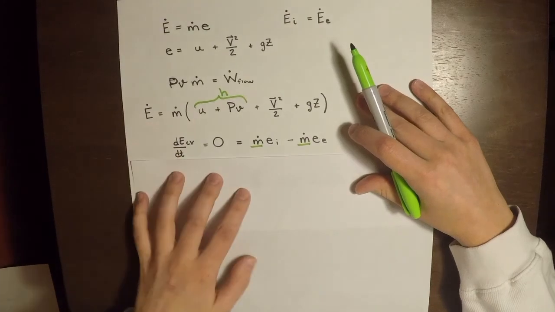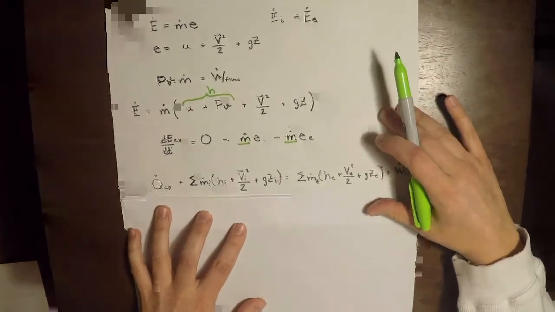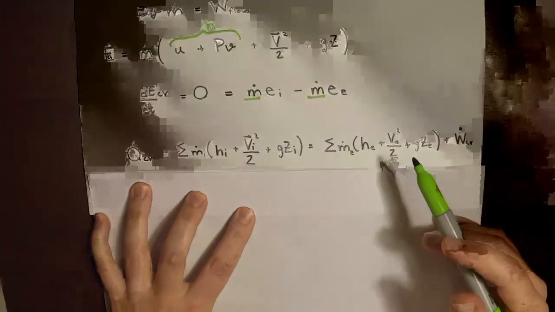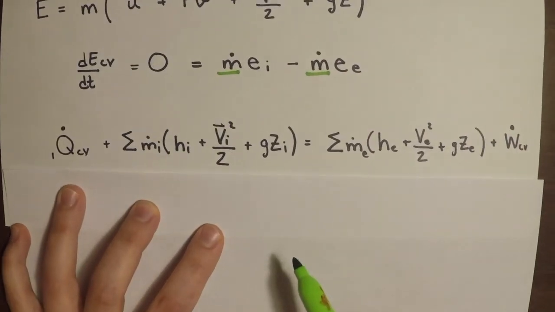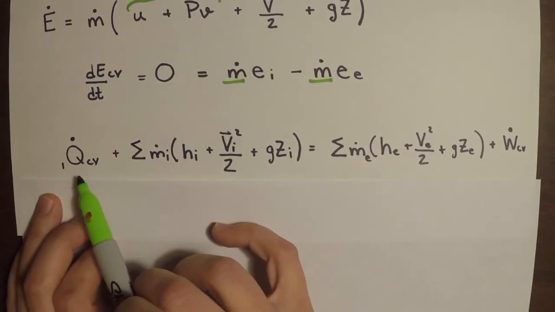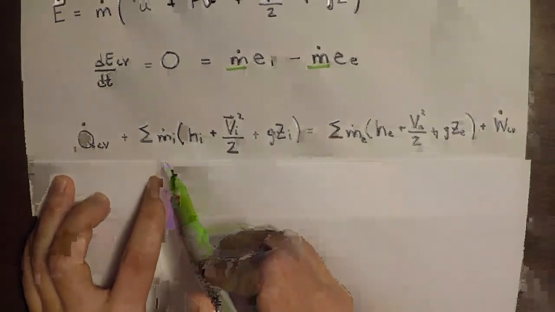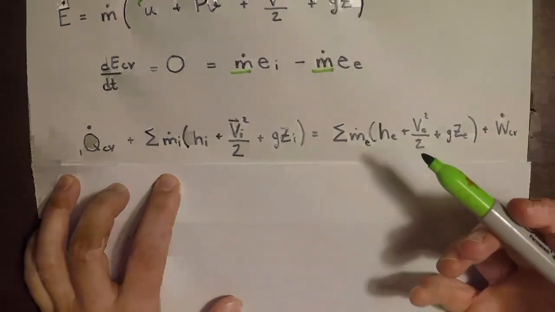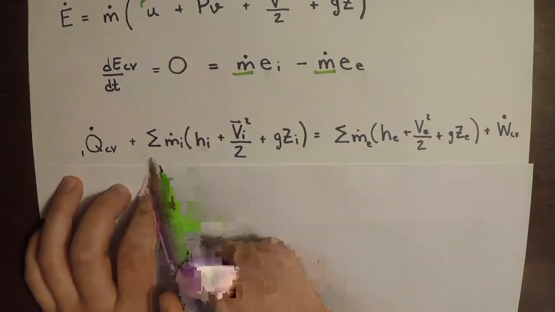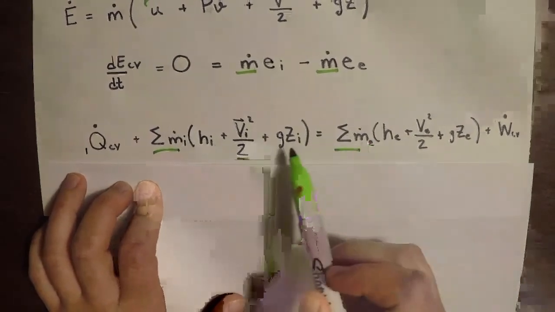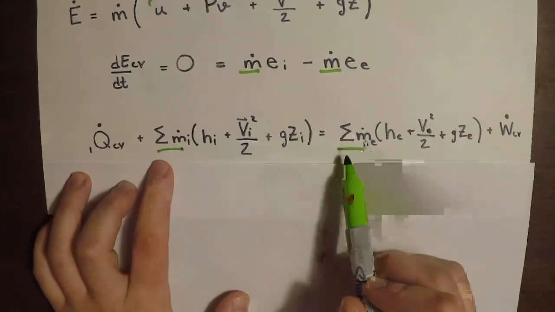And now we have the equation of the first law of thermodynamics for a controlled volume at a steady state process. And we also need to consider the work and the heat. We don't always have one inlet and one outlet in our systems, and we need to consider all of them. So that's why we put a summation term here.